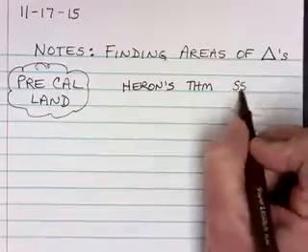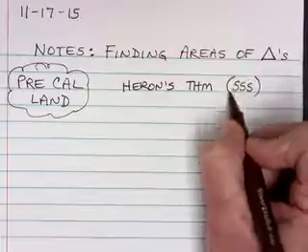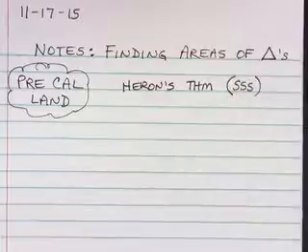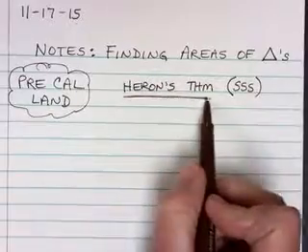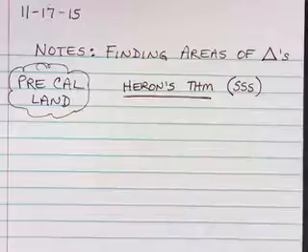Heron's theorem is nicknamed the SSS, or the side-side-side theorem. You use side-side-side in geometry to prove that two triangles were congruent or equal in size. When you're using Heron's theorem, SSS is the area formula that uses the three sides.